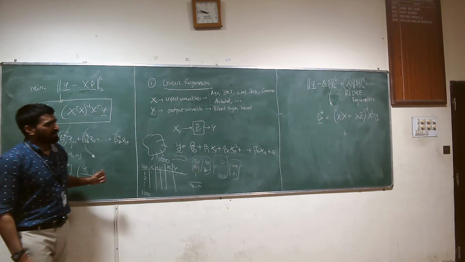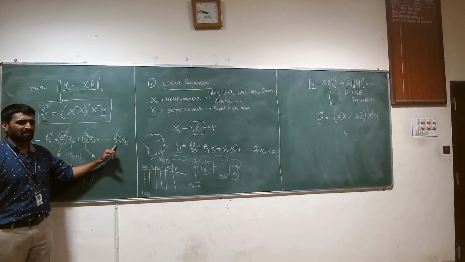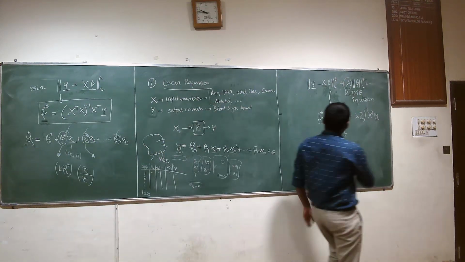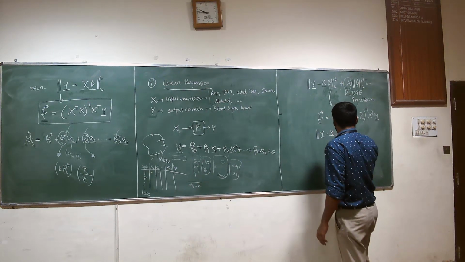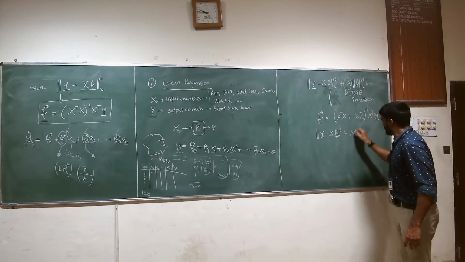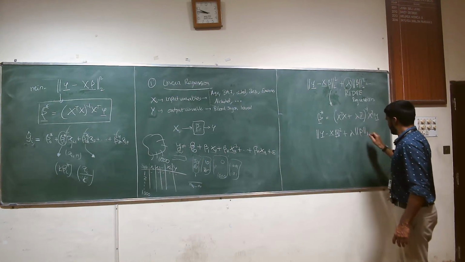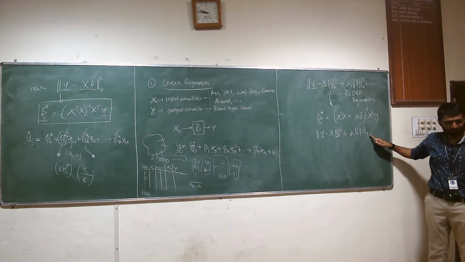But if you're interested in forcing the unnecessary variables to go to zero, it turns out you can do that by still saying minimize this. Instead of adding the two norm, if you say don't minimize the two norm of beta, minimize the first norm.